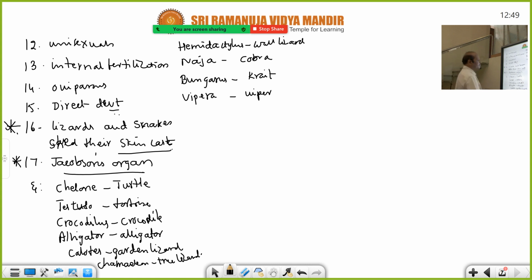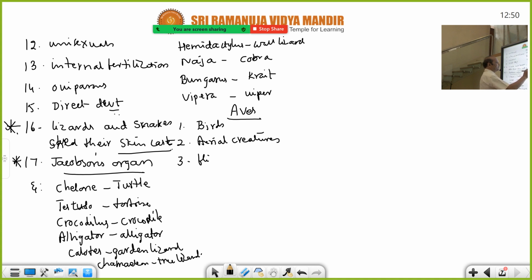This is about reptiles. And then Aves, third tetrapod class. Aves includes birds. These are aerial creatures. They undergo flight adaptations, so many flight adaptations.